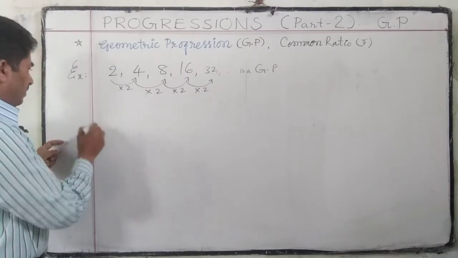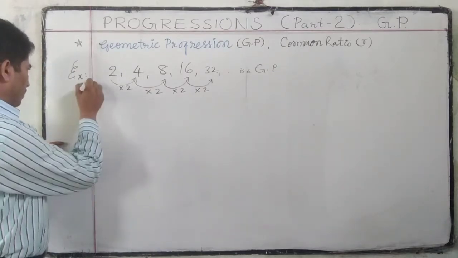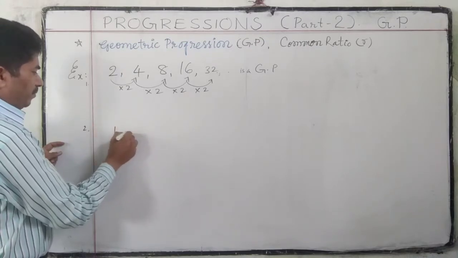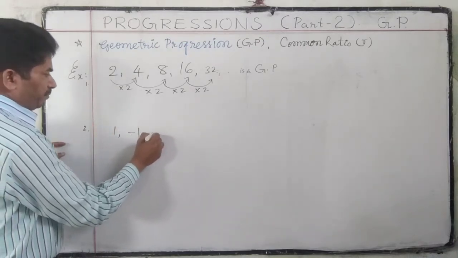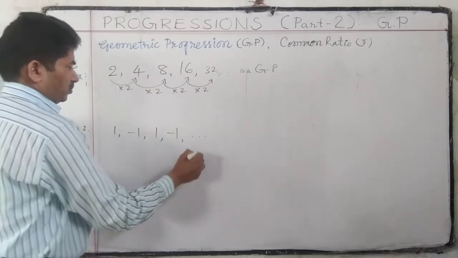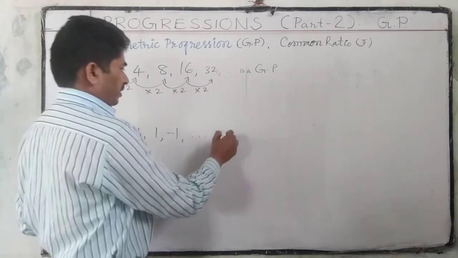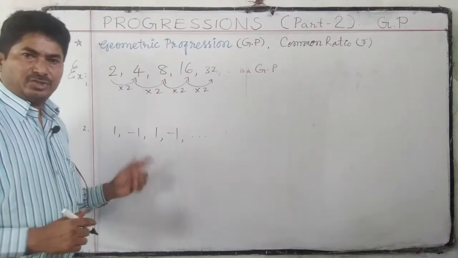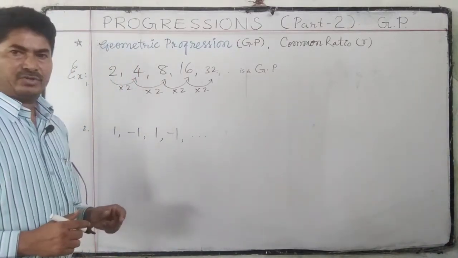One more example. 1, minus 1, 1, minus 1 and so on. So this is also a GP. Why is it a GP? What is the common ratio?